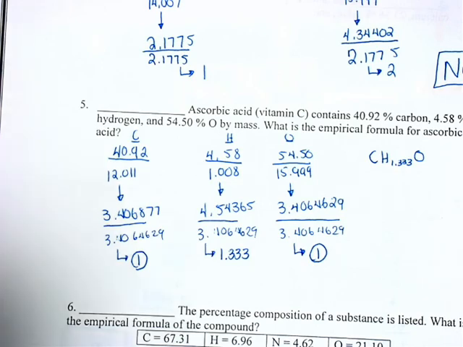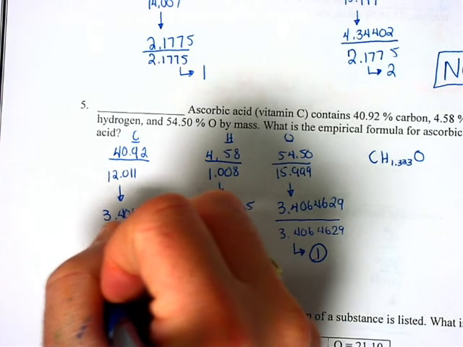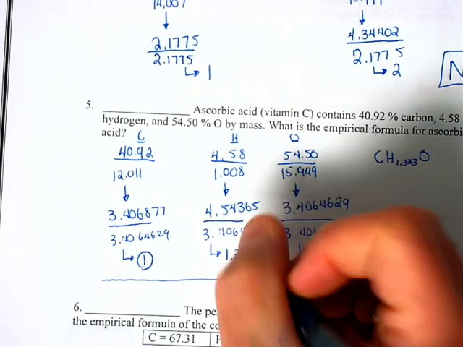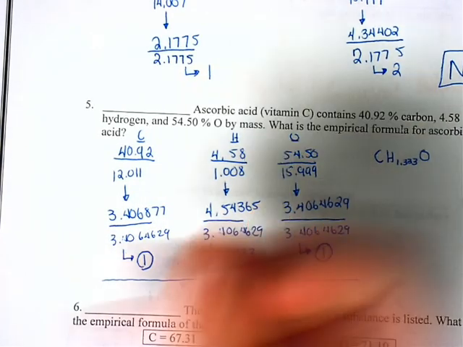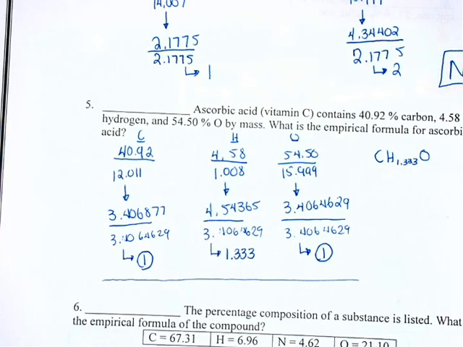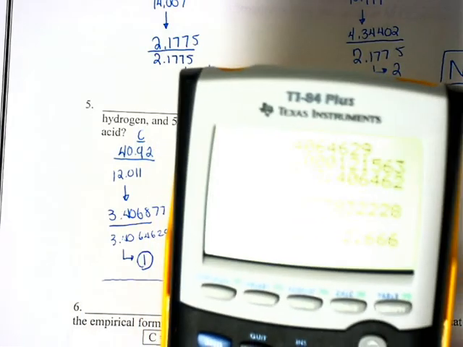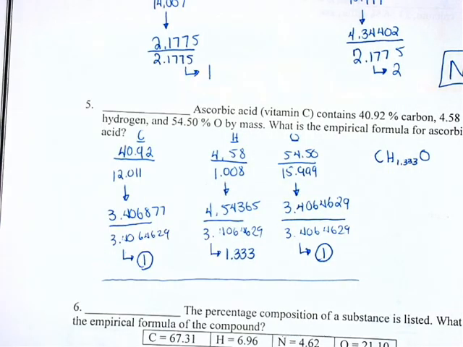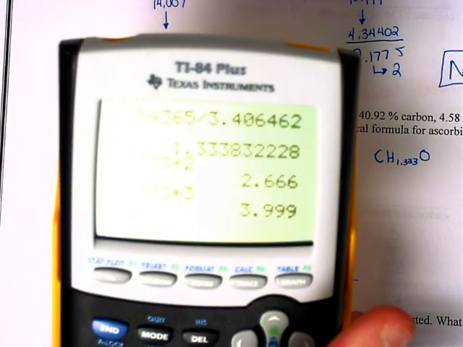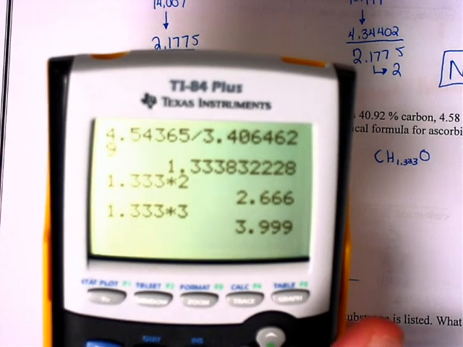What could we multiply, and this is the trick to that problem, what could we multiply each of these numbers by to get them back to a whole number? Like what if we take 1.333 and multiply it by 2? That's 2.666. That's not going to work. But what if we take 1.333 and multiply it by 3? What do we got there? Now that's pretty close to 4, right?